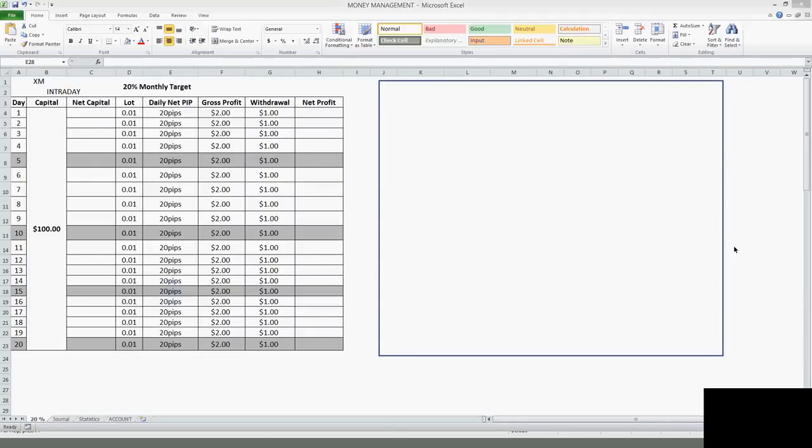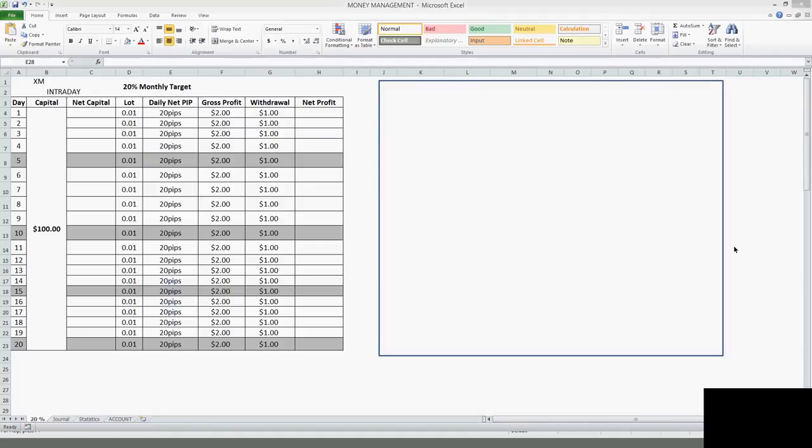When I first started a year ago, I only started with 10 USD as capital. I was telling myself that if I want to grow this money, then I need to have some sort of a plan. So let's just say that, on average, you guys started with $100.